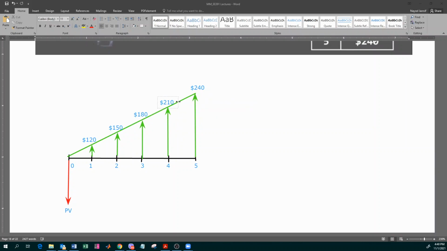Remember, in annuity, you had some conditions to meet. You couldn't just apply it like that. So this is the crux of the problem. Let me just save this.